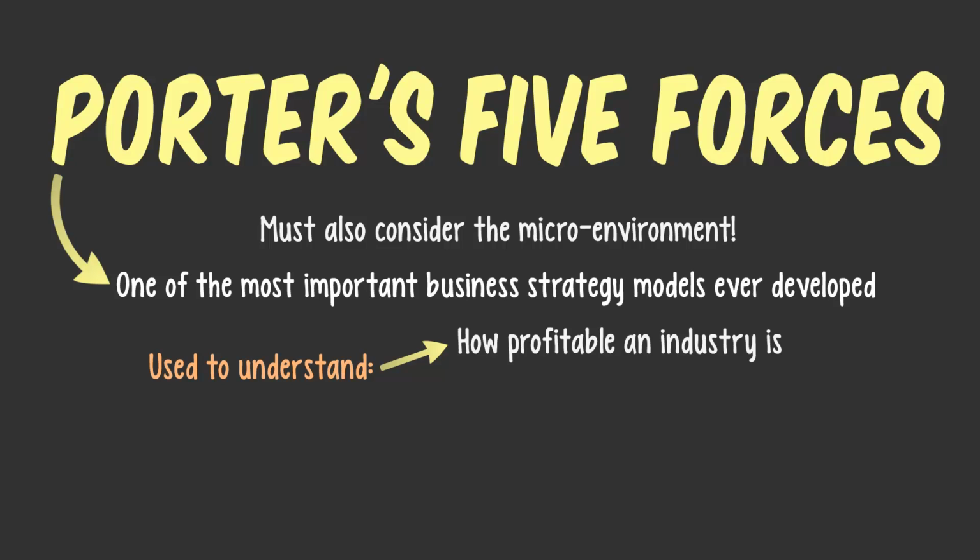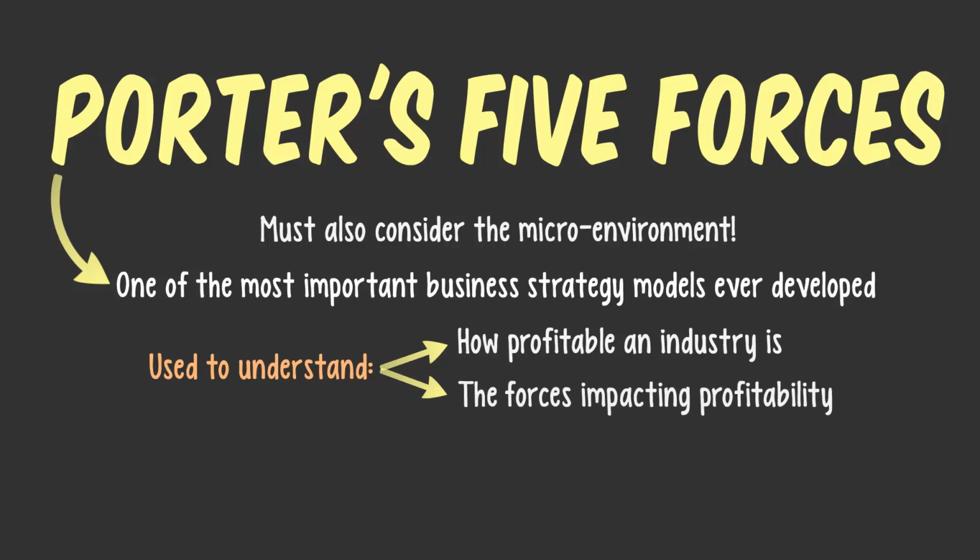Firstly, to work out how profitable an industry is, and then of course an organization can use that information to decide whether they should enter that industry, because they might not have entered it and they might just be looking for opportunities, or they might decide to exit that industry because they've realized a lot of threats. They think, well, actually now it's time to cut our losses and get out.